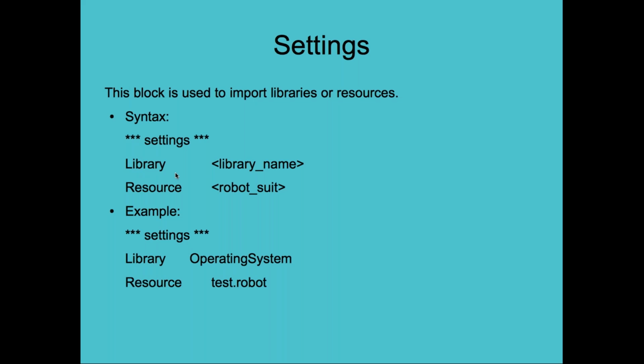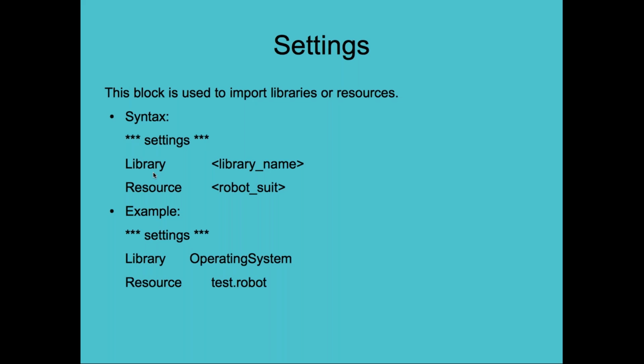As I said earlier, it's a keyword driven approach, so you specify the keyword, two spaces, an argument, two spaces, another argument, and so on. So Library is a keyword, two or more spaces, and then the library name. This is the syntax, defined in the settings section, which is written as three stars, space, Settings, space, three stars.